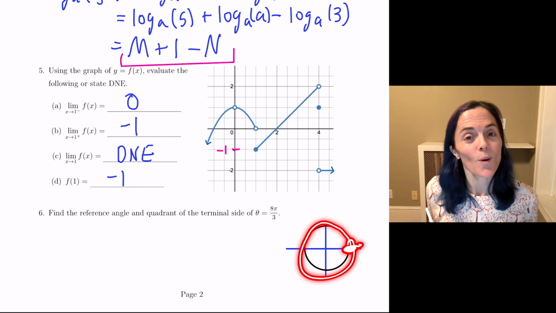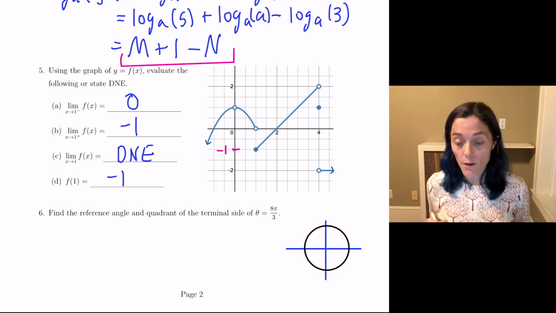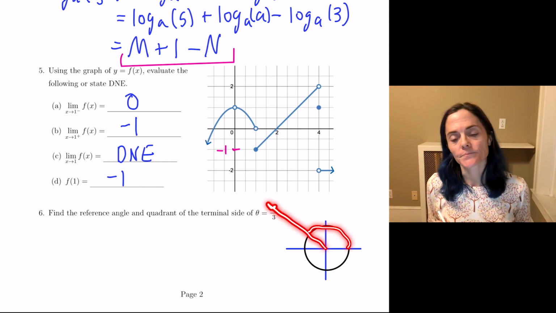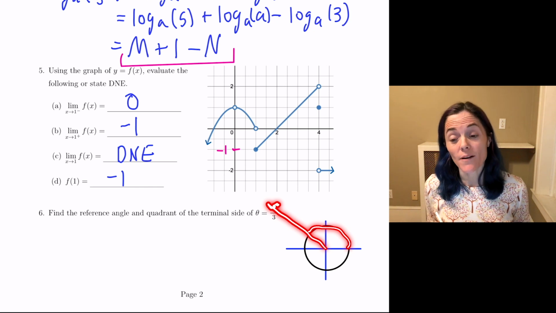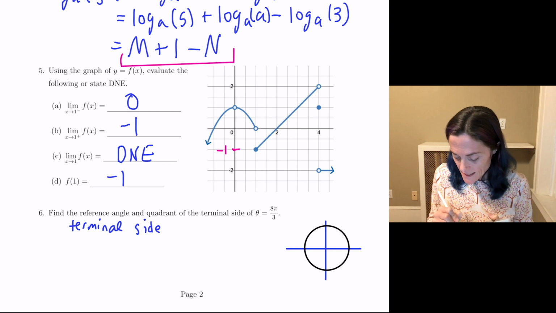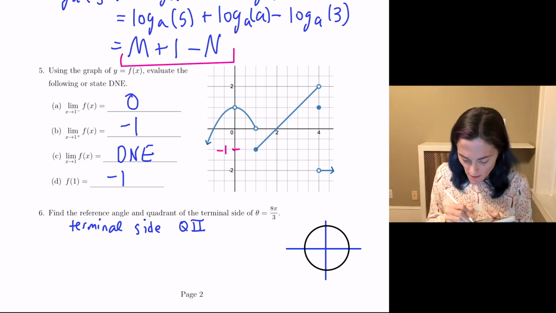We need 2 more pi over 3, but that is not acute. That would not be a reference angle. So if we move 2 pi over 3, we are here. So we can answer the first part of the question. The terminal side is in quadrant 2, but let's think further about this.